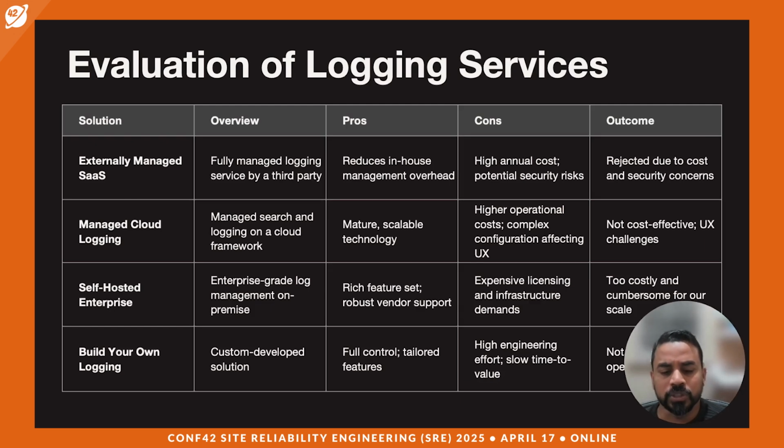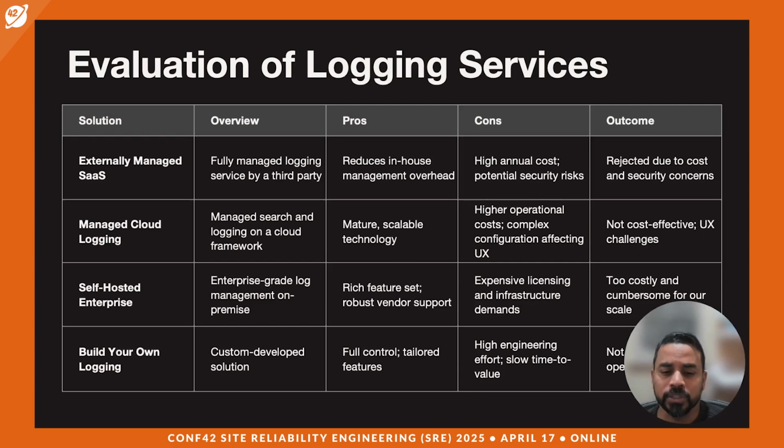The second option was managed cloud logging, where managed search and logging solutions would be hosted on a cloud framework. The pros were these kinds of technologies have matured enough, and they are scalable. But again, even for this option at our scale, the operational cost was going to be very high. And we looked at a few solutions and we felt X was still not where we wanted it to be.